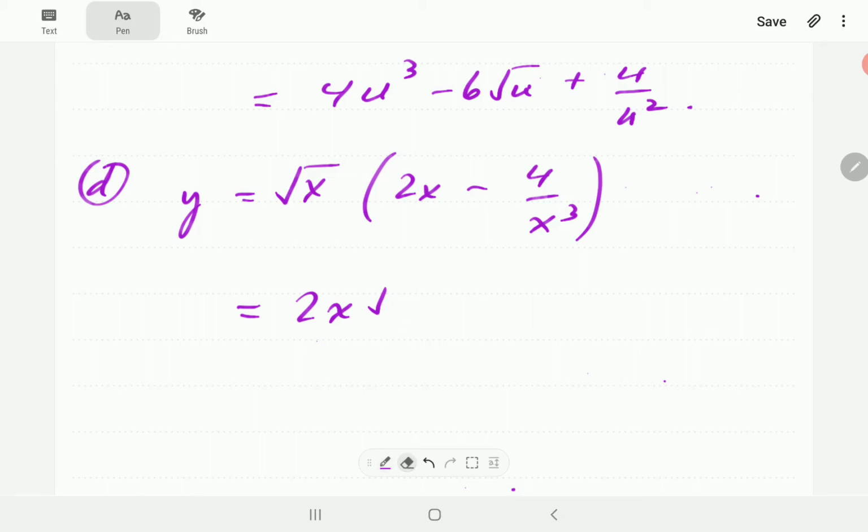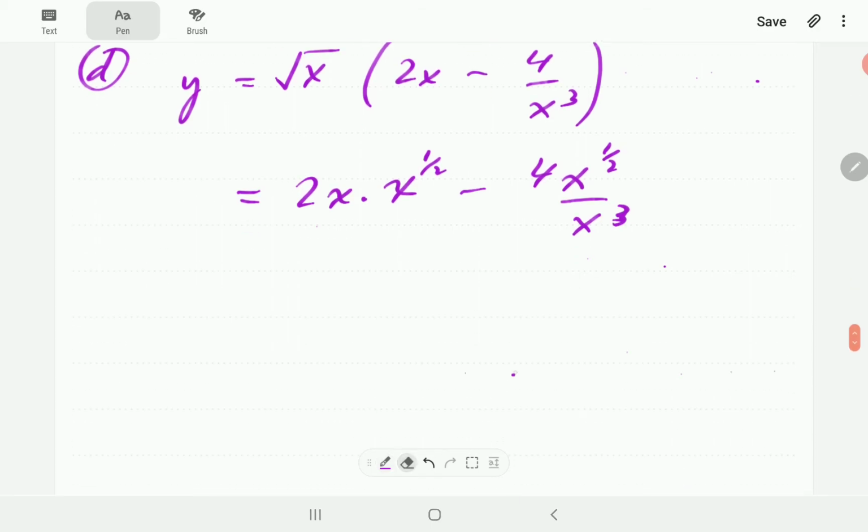Perhaps what I'm going to do is just write the square root x as a power, and then this is going to be 4x to the power half over x cubed. And then we are going to have to simplify. So this is x to the power 1 times x to the power half. So it's going to be x to the power 3/2.